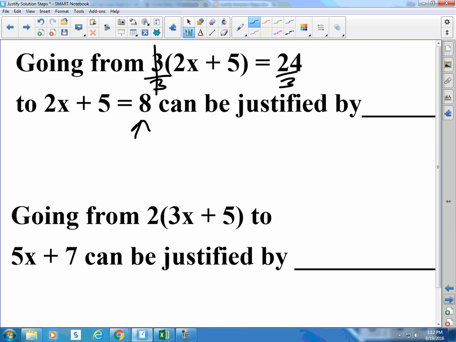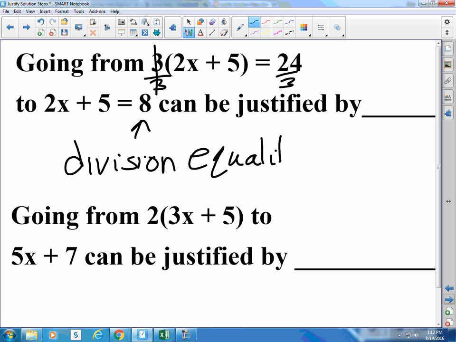All that remains on the left is 2x plus 5, and on the right we have 8. So what we did is we divided on both sides. So they're going to call this property the division equality. As long as I divide both sides by the same amount, they should still be equal.